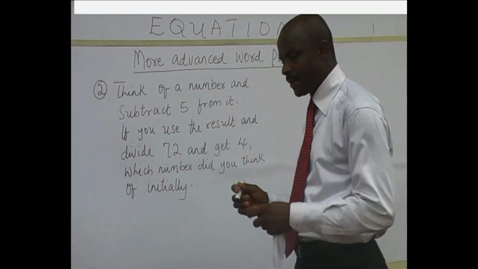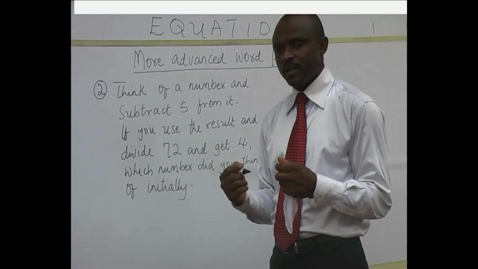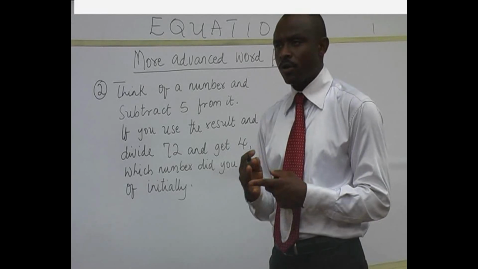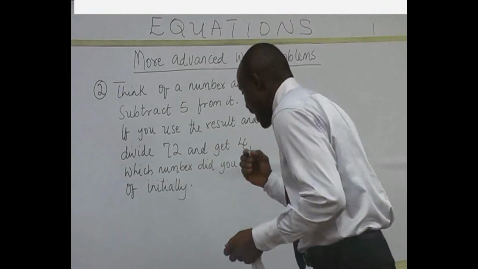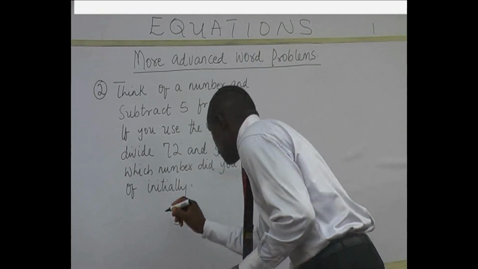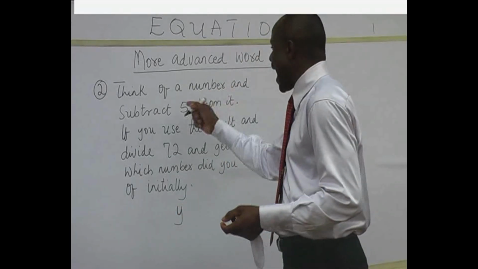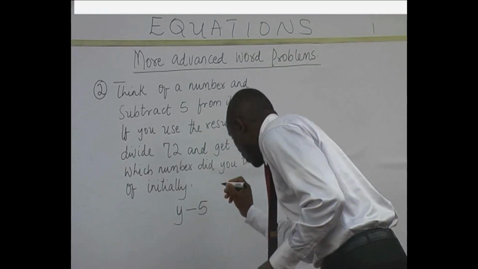Think of a number. That number you would think of, use any letter you like to represent it. I want to use y and represent the number I think of. Let the number I think of be y. They said, think of a number and subtract 5 from it. Subtract 5 from y.